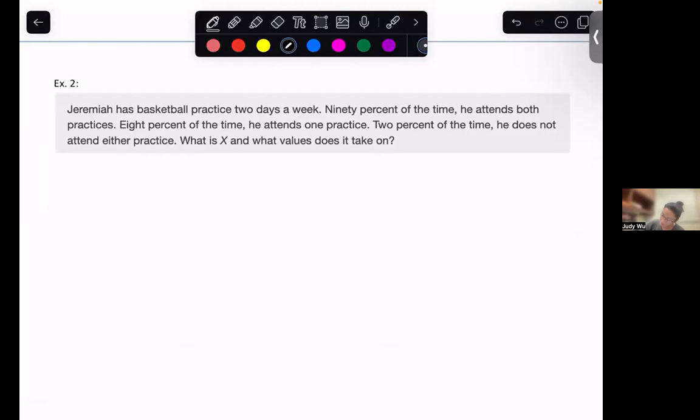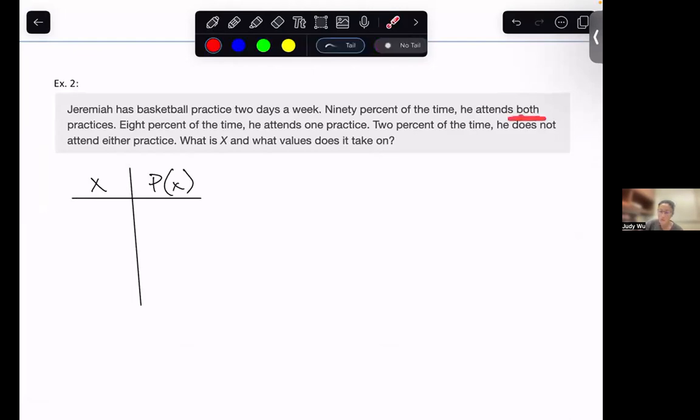Okay. And so if we want to think about that table from above, really, it would be important for us to have our X and our P of X, okay? And if we think about what we're counting here, we're looking at he goes to both practices, or that's 2 practices, 1 practice, or neither practice.